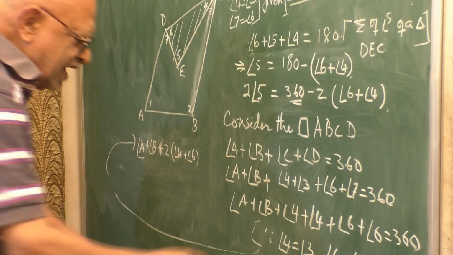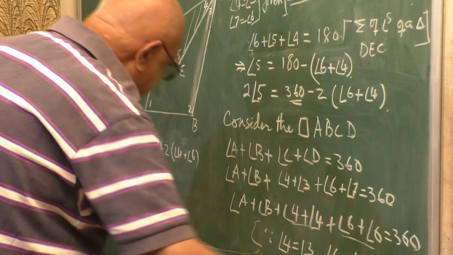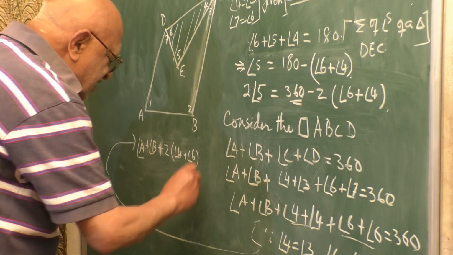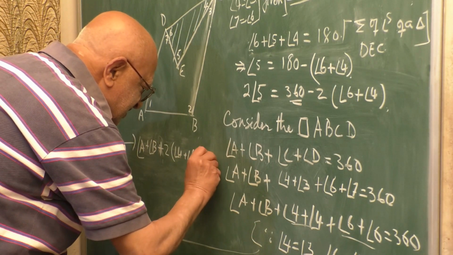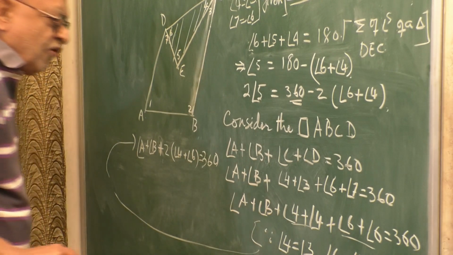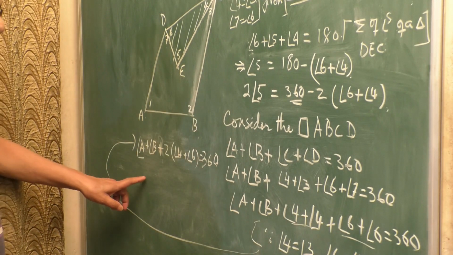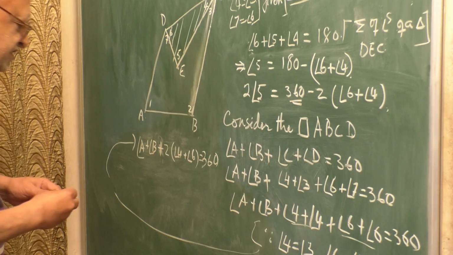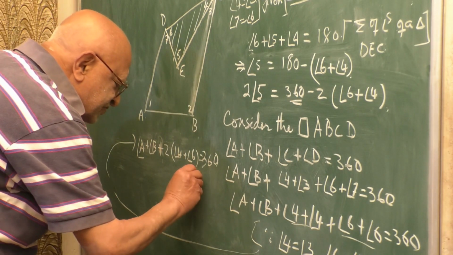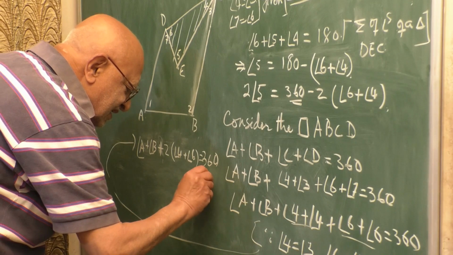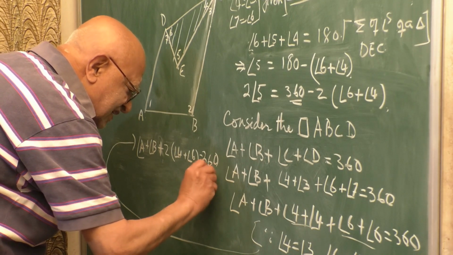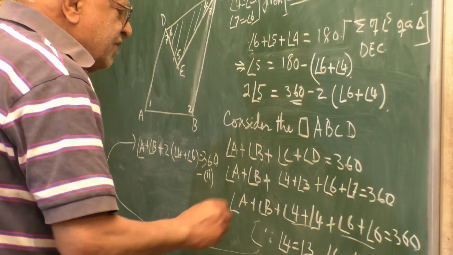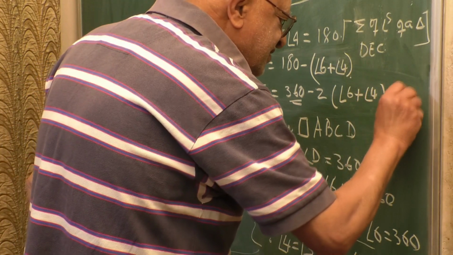These two add together, this and this will add together, and angle 6 will be equal to 360. So in place of 360, I substitute it here. Let me put this one as 1, this as 2 because it came later on, and let me put this one as 1.